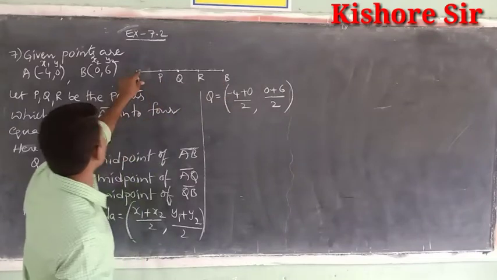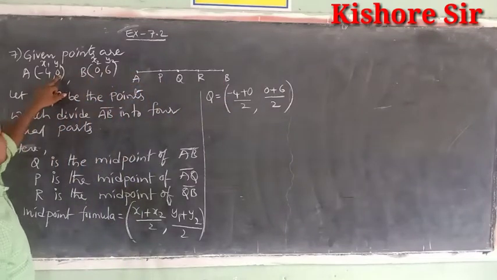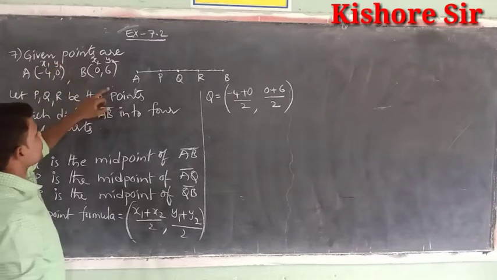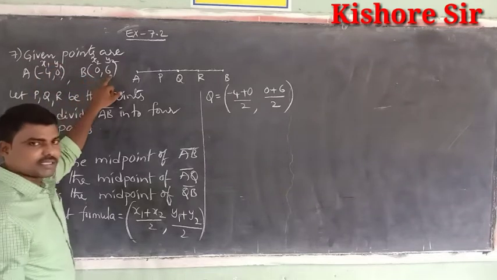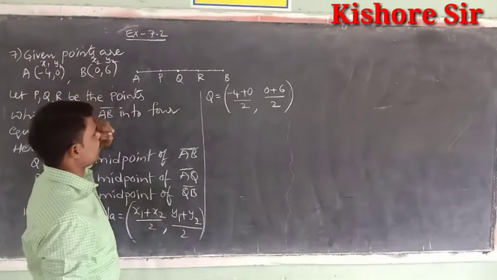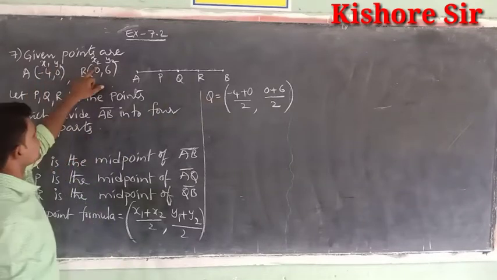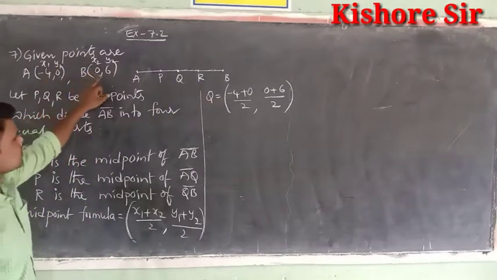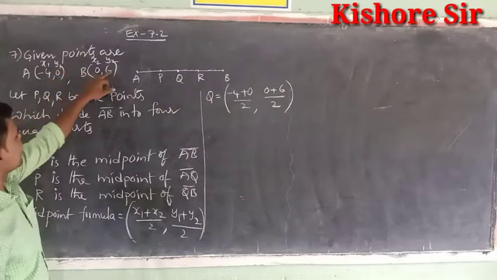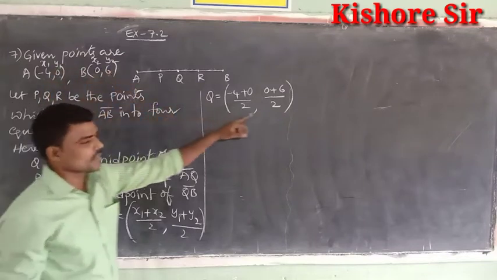The coordinates of A are minus 4 comma 0, that is x1 comma y1. The coordinates of B are 0 comma 6, that is x2 comma y2.